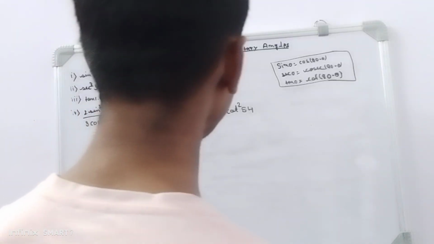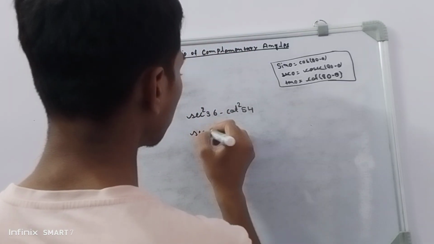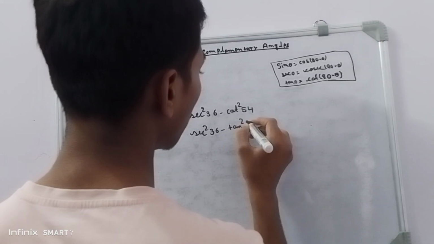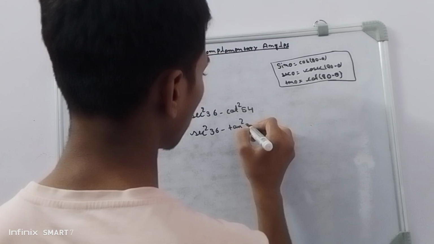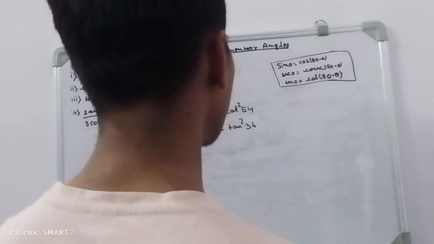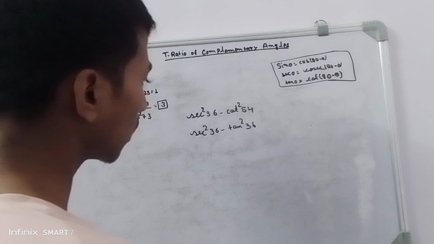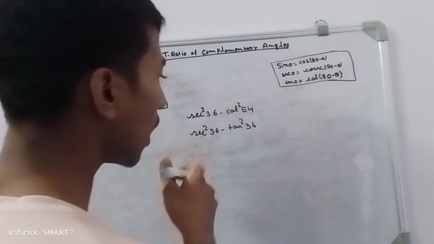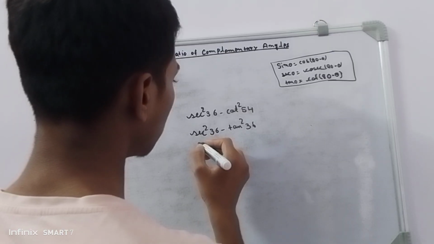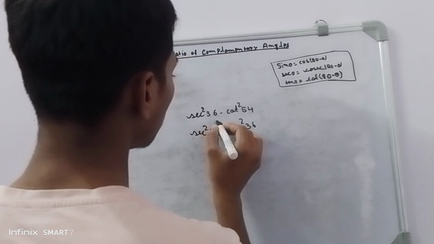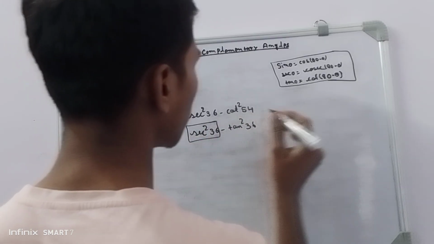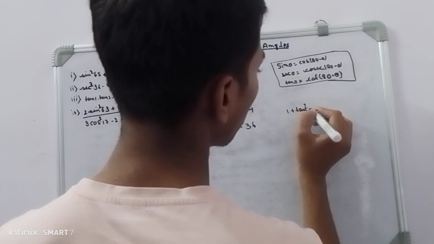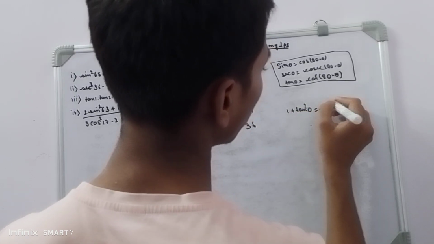Here cot square of 54 can be written as tan square of 36 using these identities. Even if you are not able to do that, use the identity 1 plus tan square theta is equal to sec square theta.